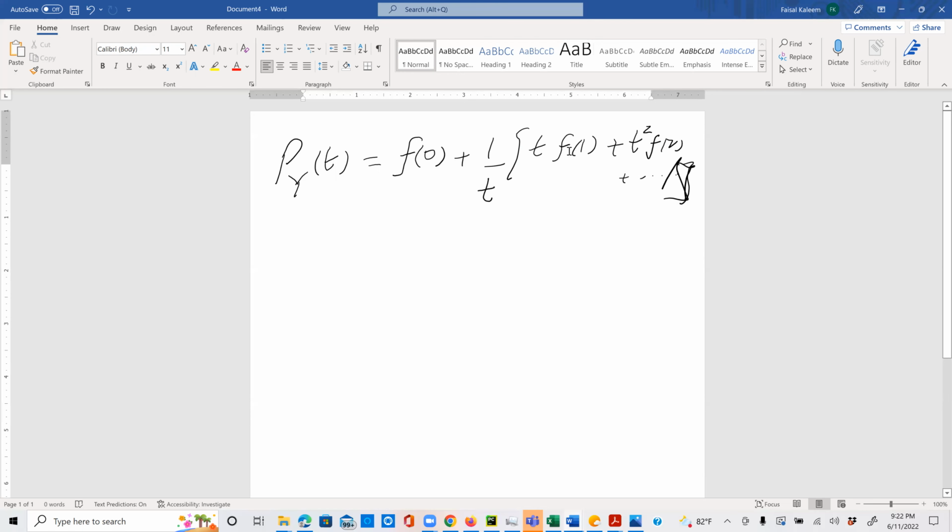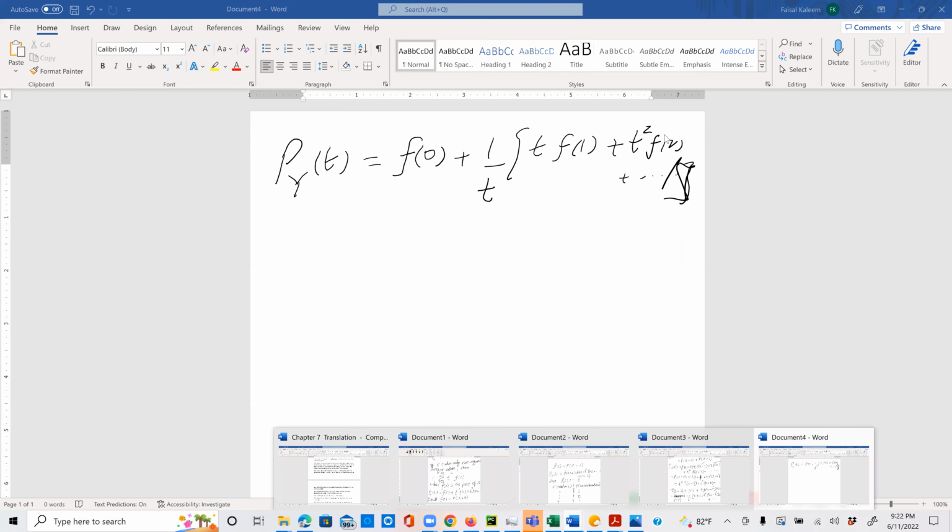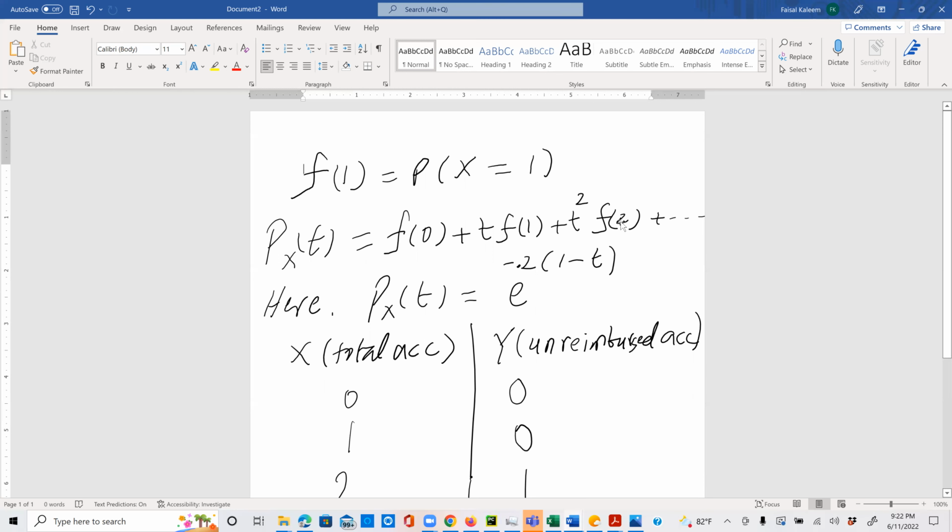But it is missing the f of 0 term. So if we compare it with the form that we want, so we have tf of 1, t square f of 2, and so on. But in order for it to be the PGF, we also have to have f of 0 added on. So we are missing the f of 0 in that bracket.